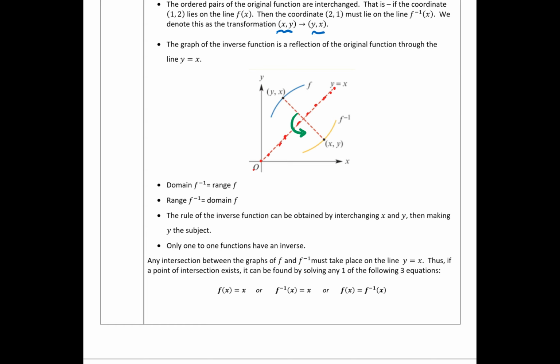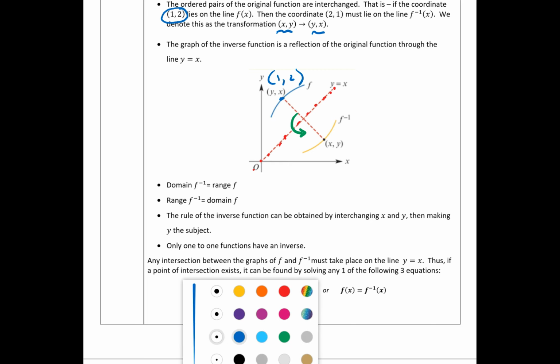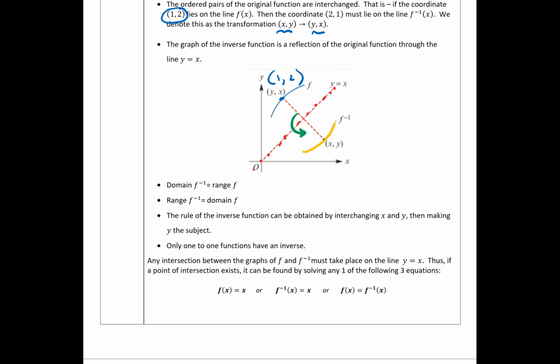So if this line y equals f of x, if the point (1, 2) lied on this line, so if this point here happened to be (1, 2), then what I know must be the case is that on the line y equals inverse of x, so over here, there's a corresponding point (2, 1). So I can find any critical point on the inverse just by swapping the critical point on the line y equals f of x.